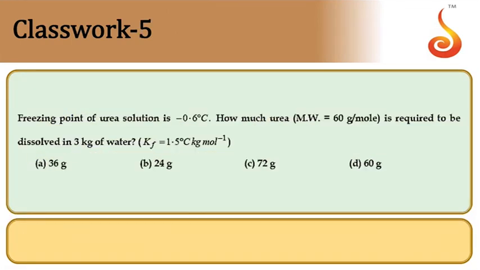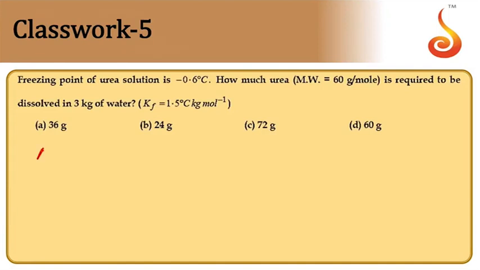Then fifth one. The freezing point of solution of urea is minus 0.6. How much urea of molar mass 60 is required to dissolve in 3 kilograms of water? So freezing point depression is given here. We need to find out the amount of solute to be added to get that freezing point depression. Now the formula: delta TF is equal to Kf into molality.